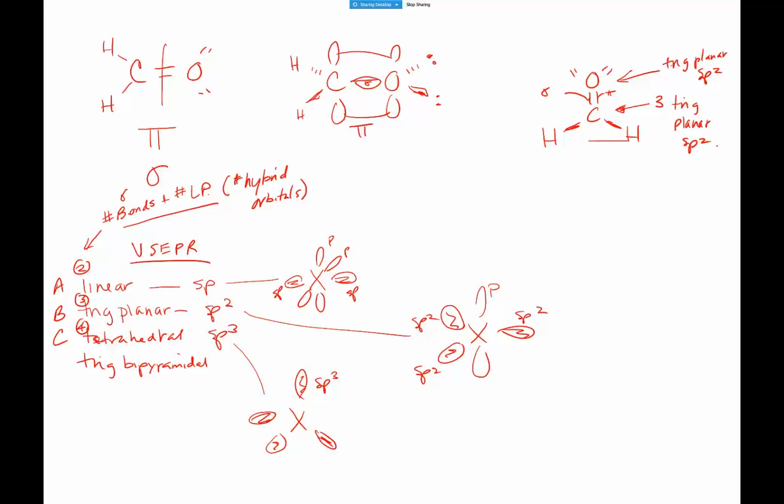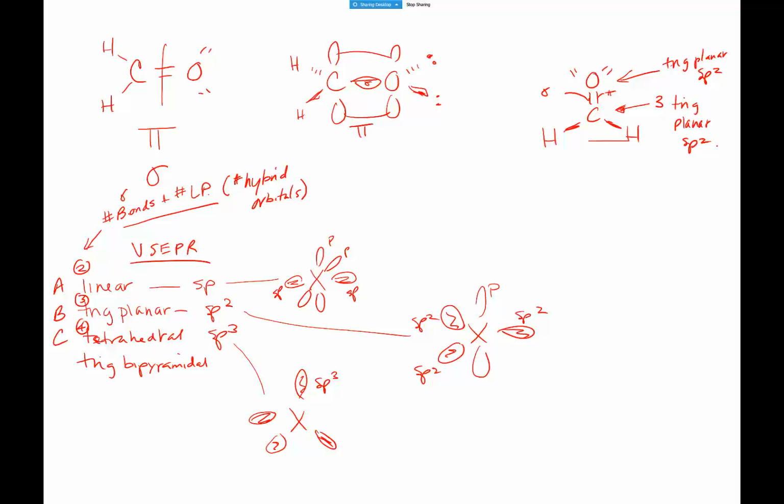But really what we're doing is counting the number of hybrid orbitals by counting the number of sigma bonds and lone pairs. Because the lone pairs can only go into the hybrid orbitals, and the hybrid orbitals are the ones that are forming the sigma bonds that are generating the structure. So that's the first thing we need to do.